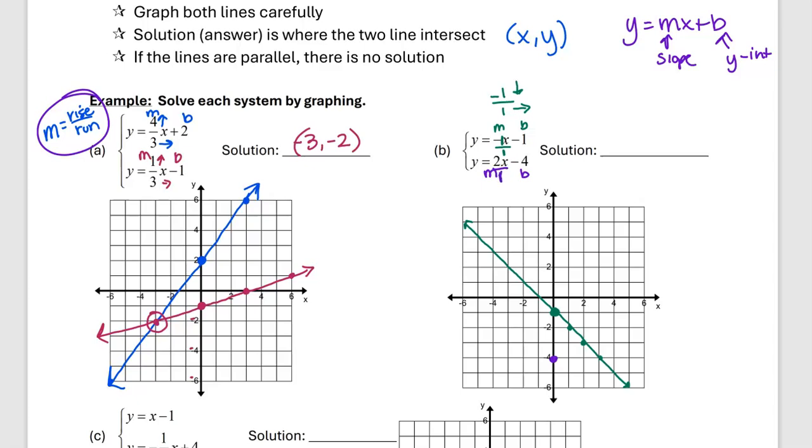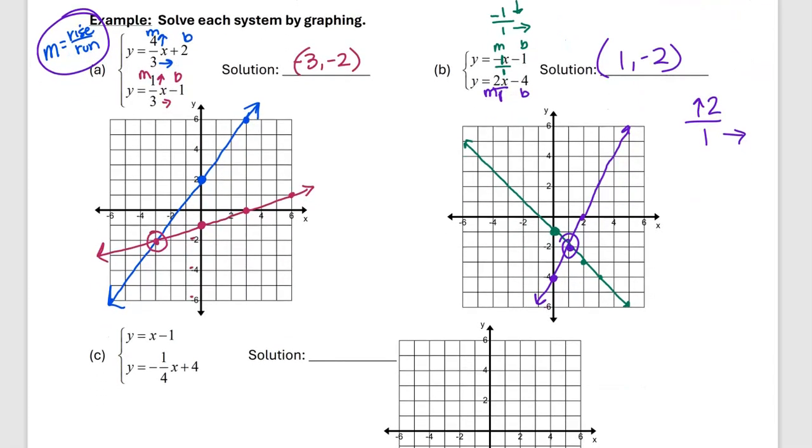All whole numbers go over 1. And so we're going to go up 2 and right 1. Up 2 over 1. Oh, and we can see right where we touch there. Again, I can't do a straight edge on mine, so hopefully you are using a straight edge on yours. But right there, we are touching at 1, -2.